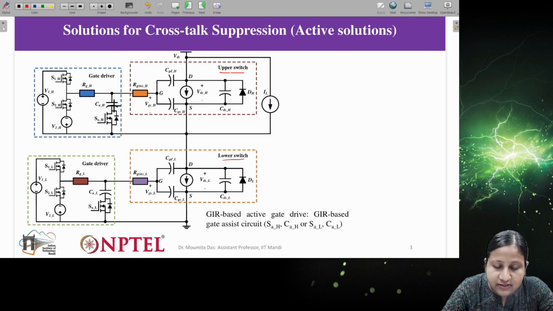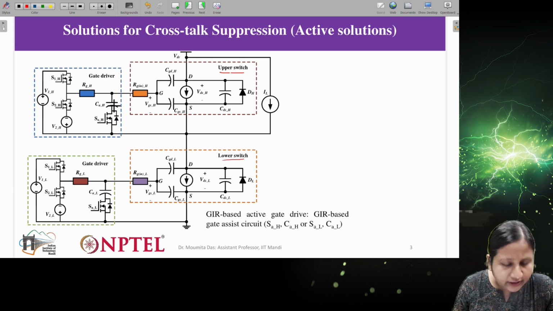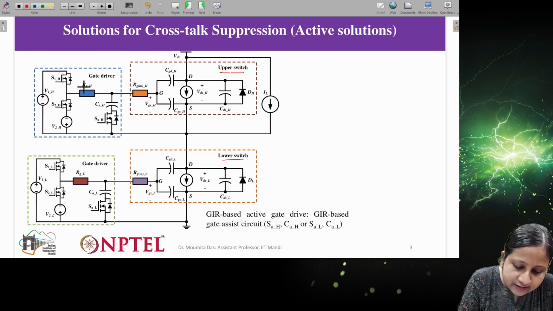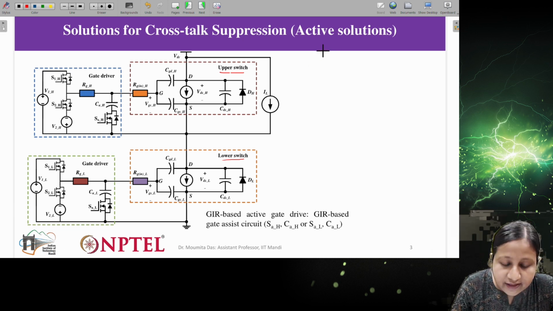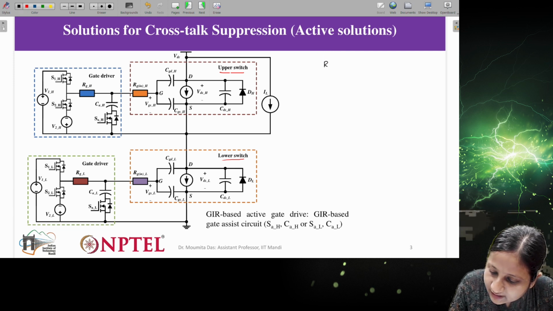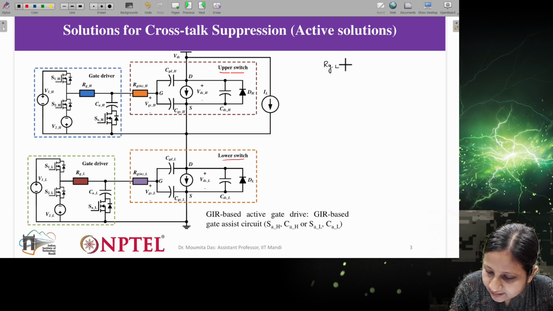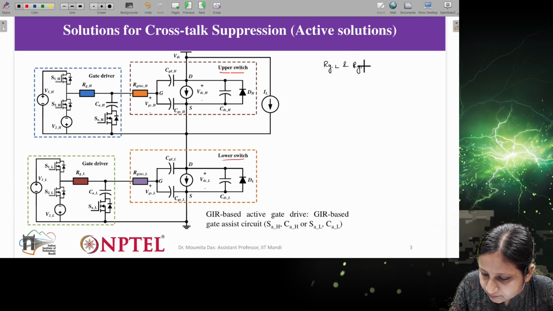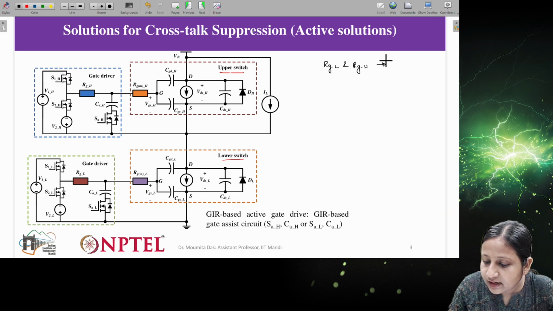Now you have seen that one solution I have already provided, where the capacitance was connected, right? Here all the components remain the same. RGH and RGL are the external gate resistances, connected to the gate drive circuit.